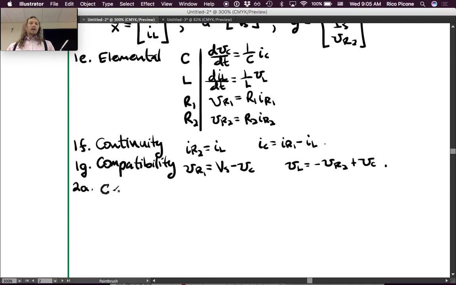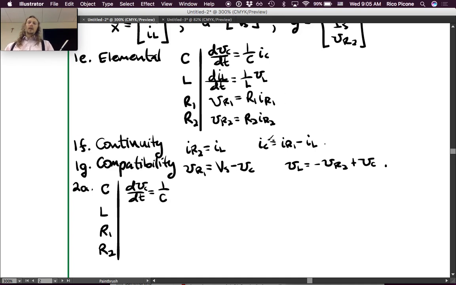So let's rewrite our table C, L, R1, R2. And we have dVC/dt equals 1 over C. And then instead of IC, we're going to eliminate that secondary variable by substitution with this equation here.